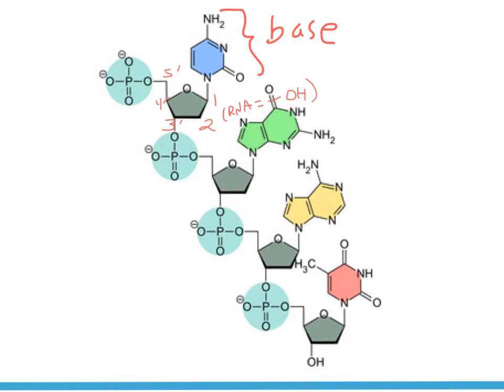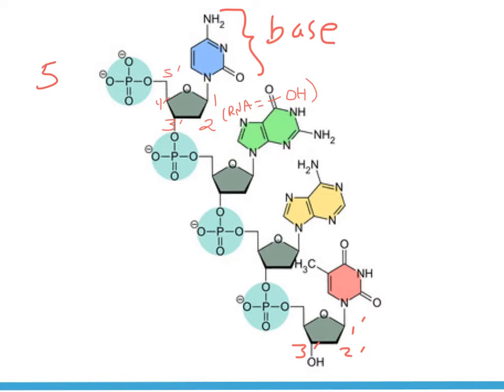Here at the end of the molecule, we have the 1', 2', and there's the 3' end with the free hydroxyl group. So the 5' end is defined by the presence of a free phosphate group, the 3' end defined by the presence of a free hydroxyl group.